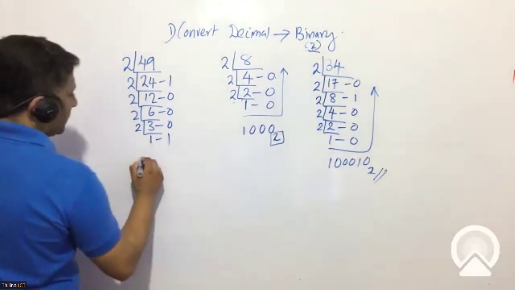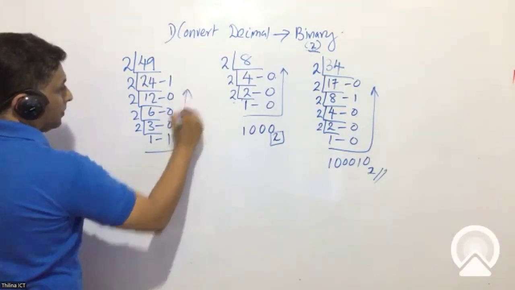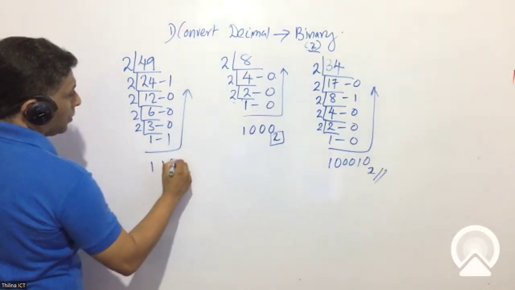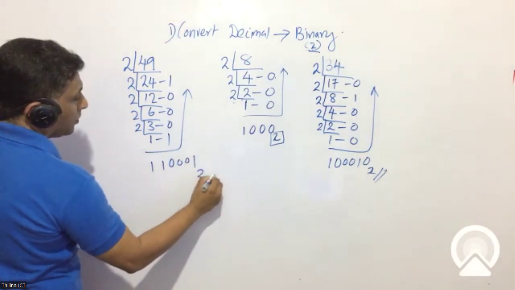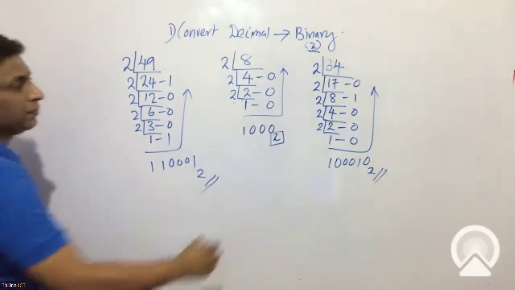So what's the answer from here? 1 1 0 0 0 1, base 2.